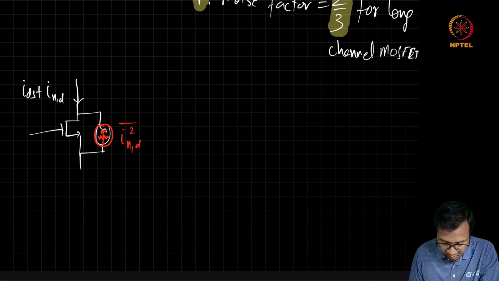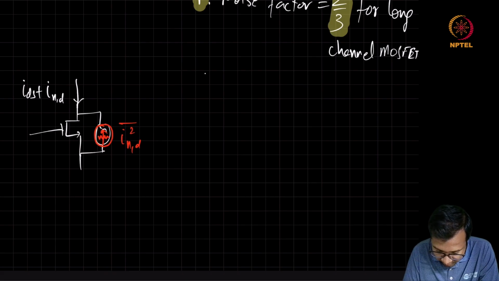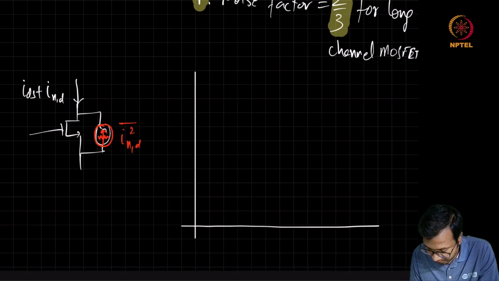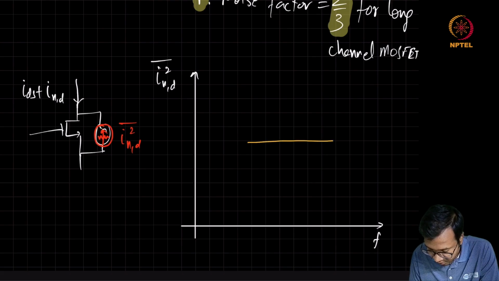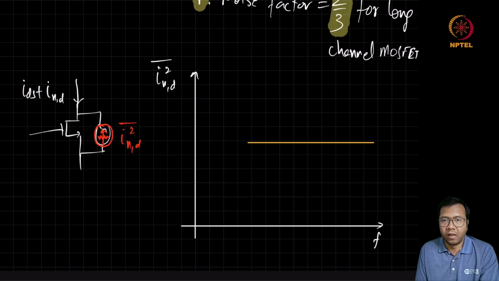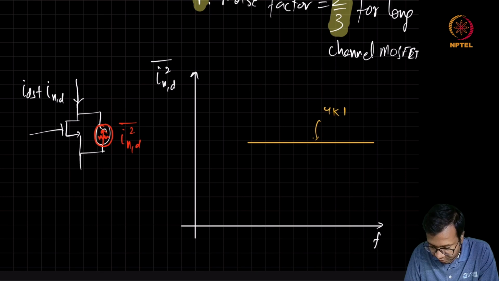Okay, if you plot the noise PSD as a function of frequency, as per our discussion, this is only thermal noise, so we expect that if the MOSFET is biased in saturation, it will have a flat frequency response for the noise current PSD, gamma GM.